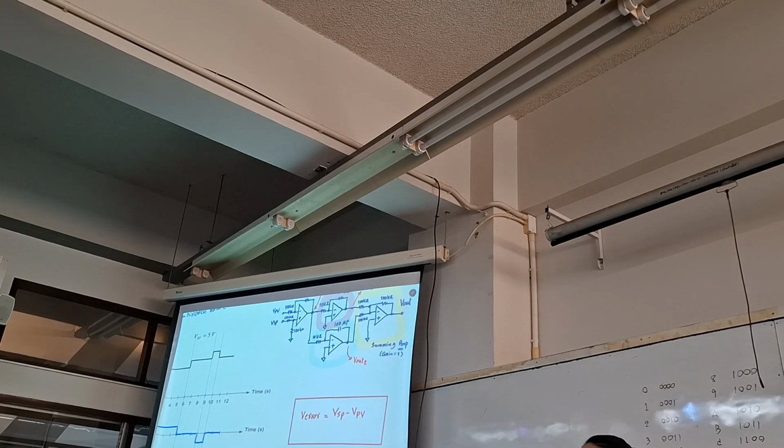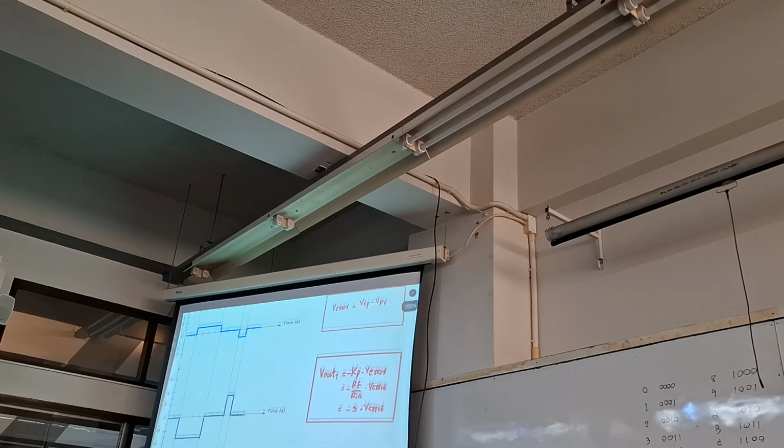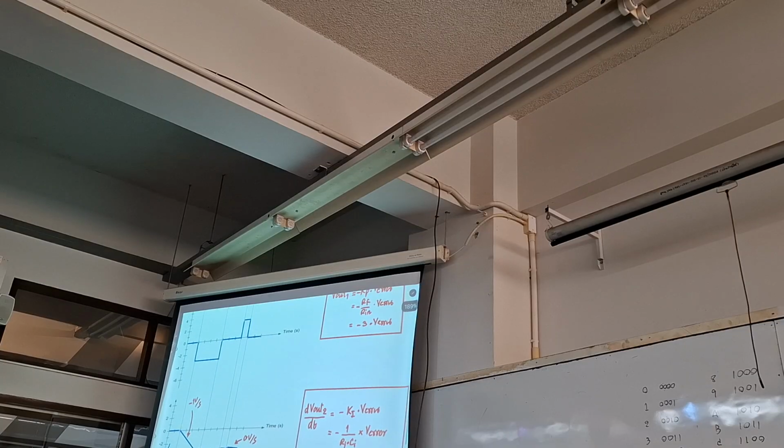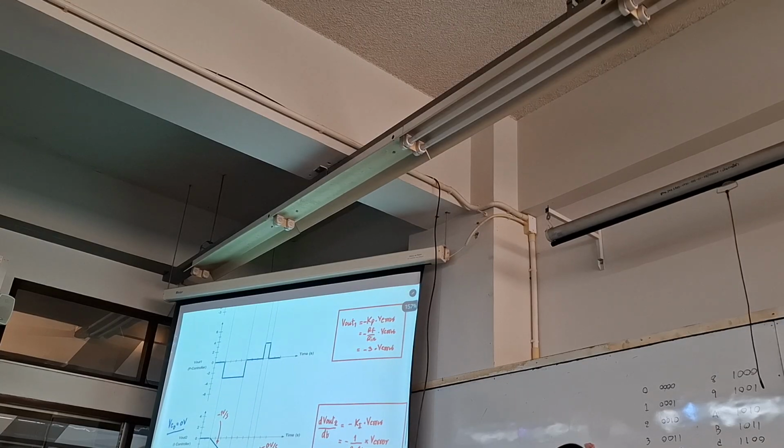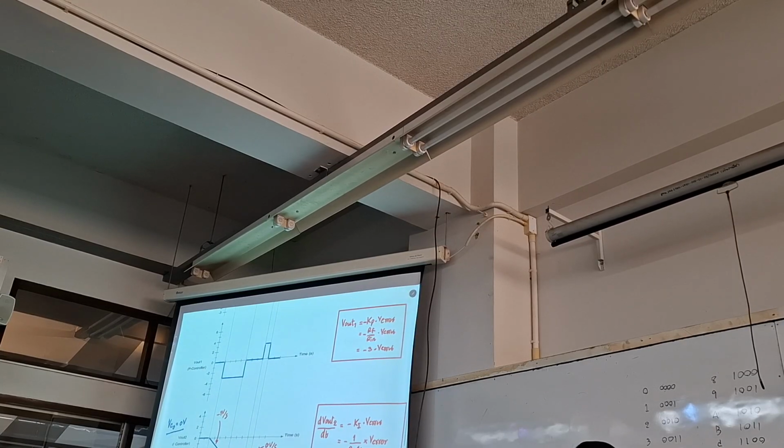If you make the multiplication, you will have something like 1. Then you will have minus 1 over 1, then you have 1 here, multiplied with V error. You will have minus 1 times V error, and the unit is volt per second.